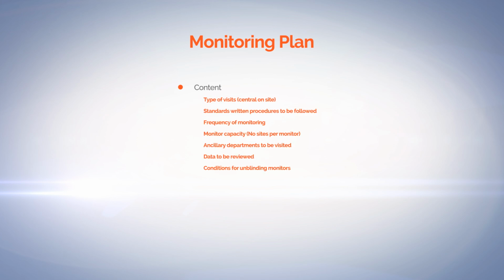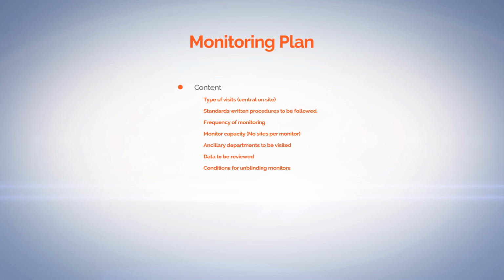So what does the monitoring plan contain? We have to say what type of visits and the justification for them. We have to say what standard operating procedures we're following, the frequency of monitoring, the monitoring capacity, the number of sites per monitor. Are we visiting any ancillary departments? What's the data we have to review?